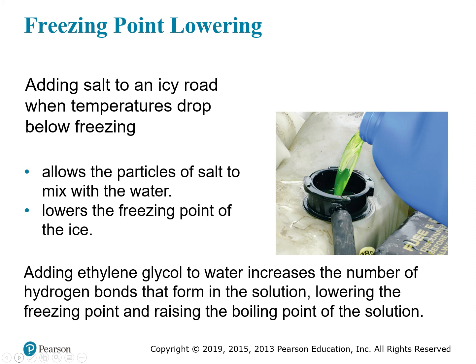So the snow is melting and staying melted for a longer period of time because it can withstand colder temperatures because the freezing point of the water is lower. So instead of 0 degrees Celsius, maybe it freezes at -2 or -5 because you've added some solute.